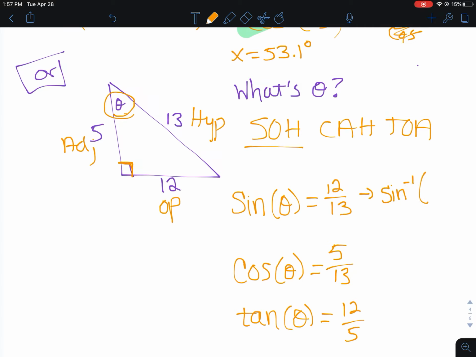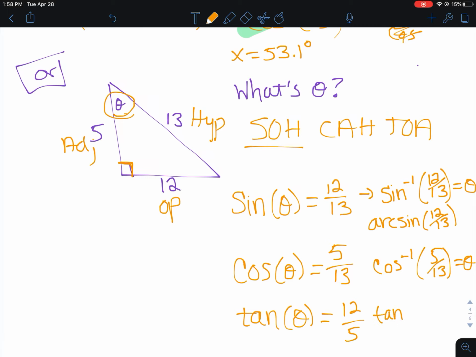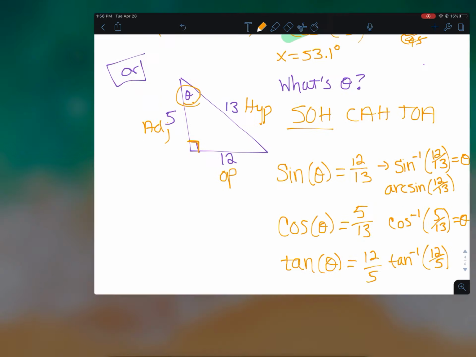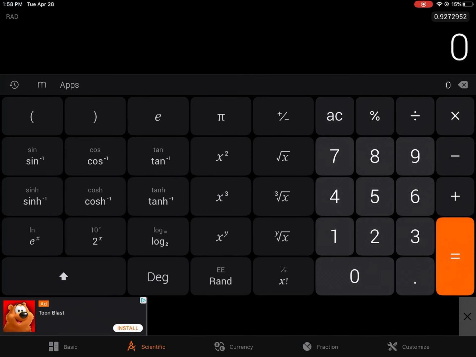And so to actually find the answer, we have to use the inverse. So sine inverse of 12/13, or arc sine of 12/13. Cosine is 5/13, then cosine inverse of 5/13 will give me theta. And tangent inverse, or arc tan, of 12/5 is going to equal theta. So let's pick one of those. I'll do sine inverse this time.